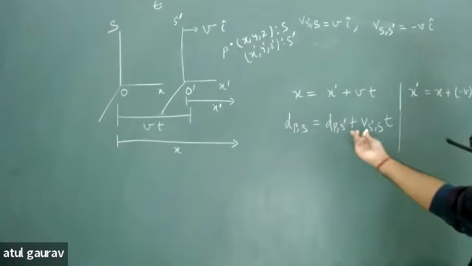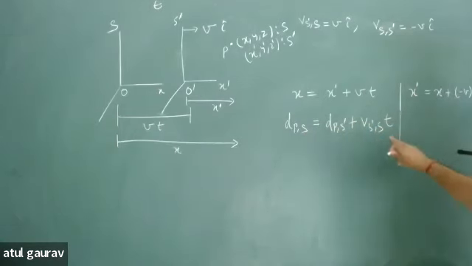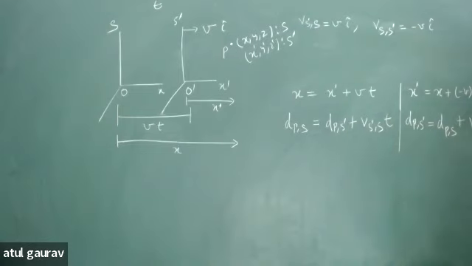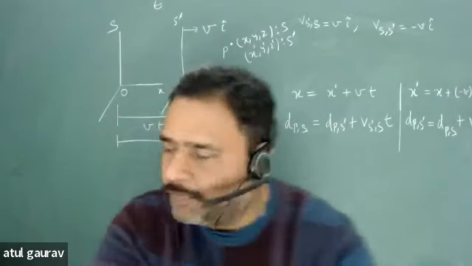If I change S to S dash, everything is going to change, but the symmetry will remain the same. The distance of P with respect to S dash, we just change S to S dash, and we can write the distance of P with respect to S plus the velocity of S with respect to S dash into t. Now you can say there is nothing called an absolute frame.